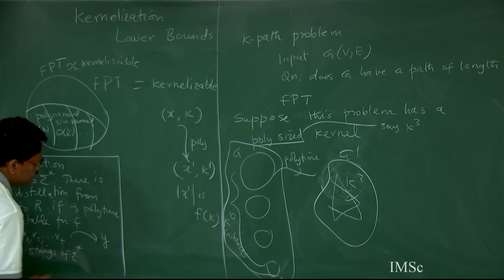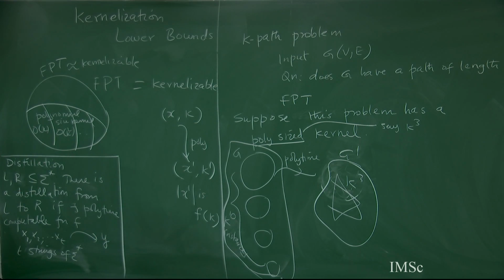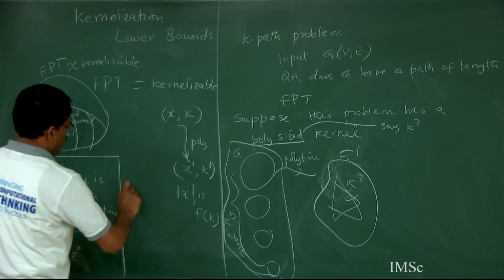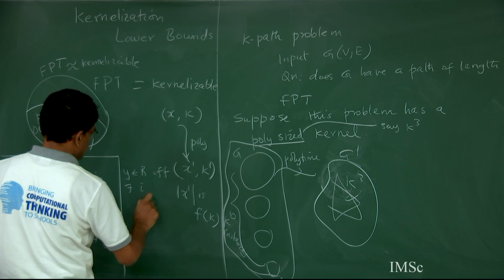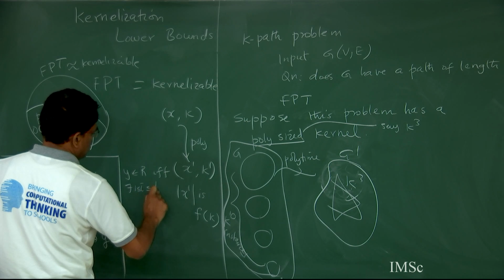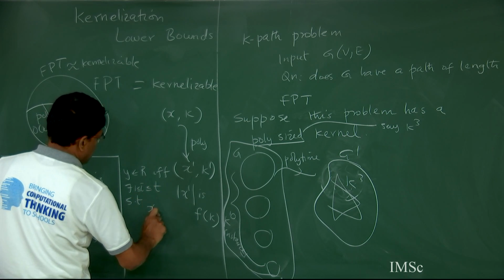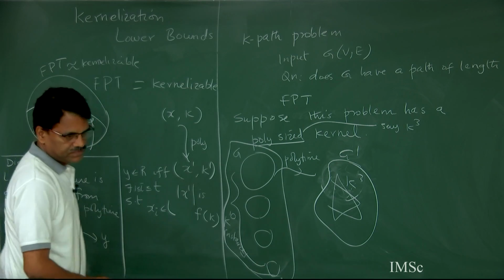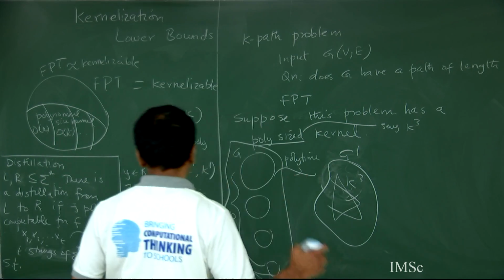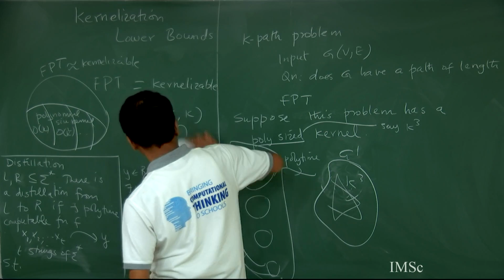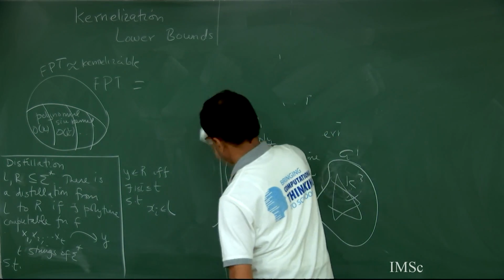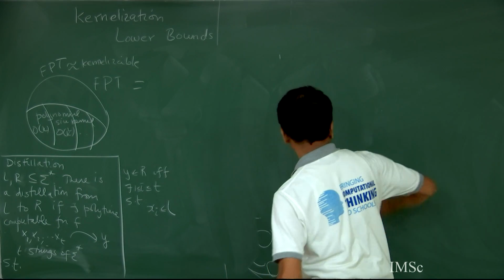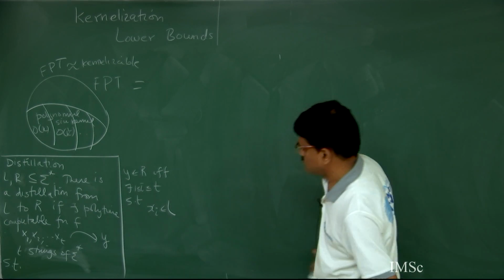and gives me a string y such that y is in R if and only if there exists an i such that x_i is in L. So, basically y is the R function of L, okay.